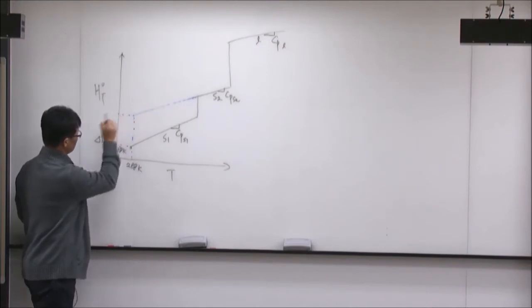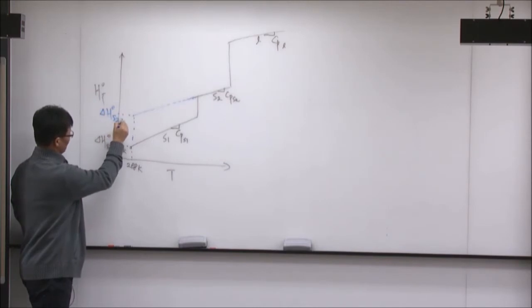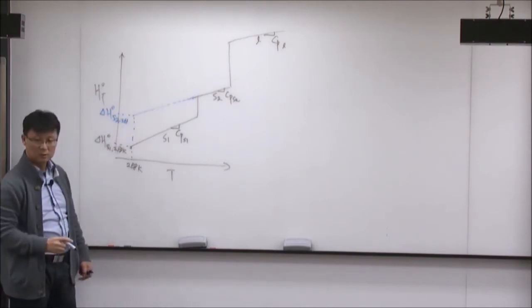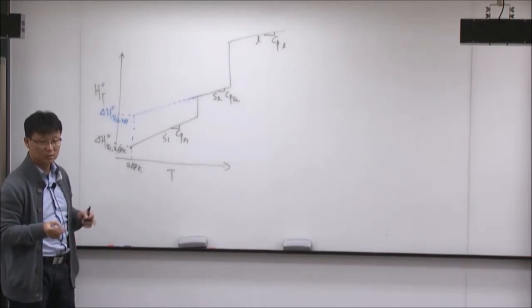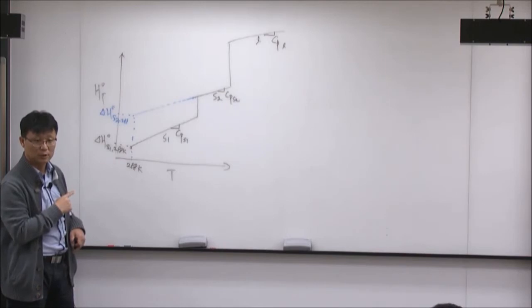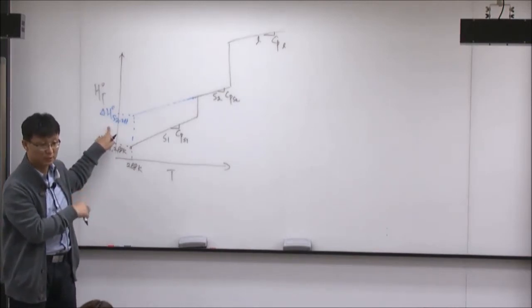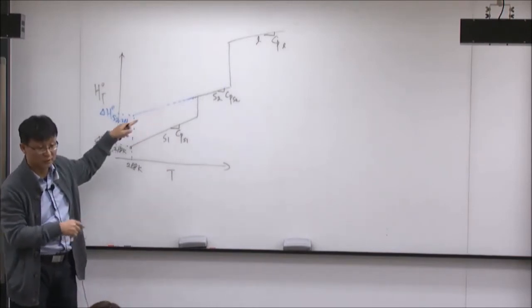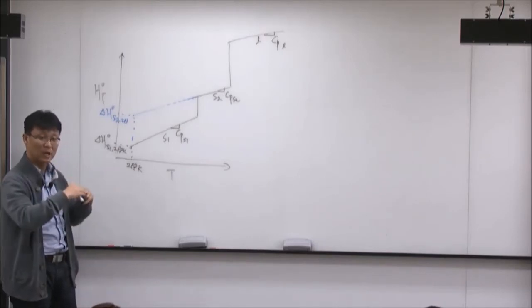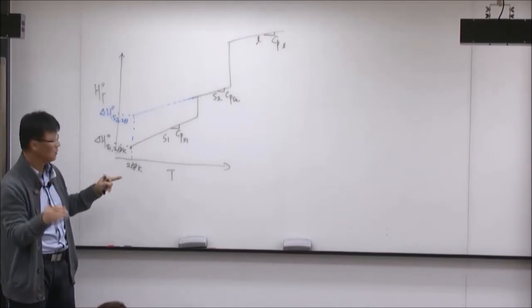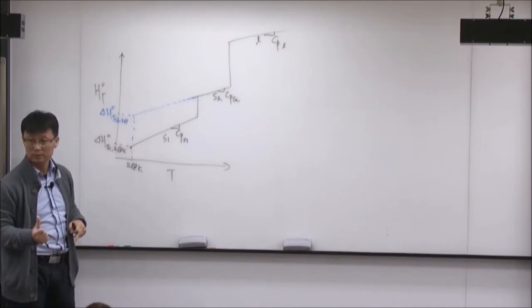So this is delta H of S2 at 298 Kelvin, the imaginary enthalpy of formation of S2 at 298 Kelvin. Most of the time we cannot measure it because this is a metastable phase at this temperature. However, if we know the heat capacity function very well, and if we can assume that it can be extrapolated outside of its stable range, then we can more or less estimate this value.